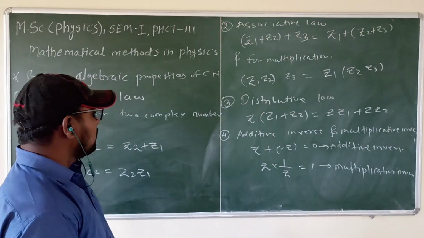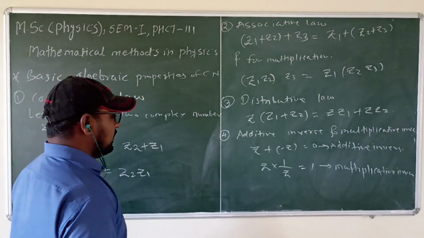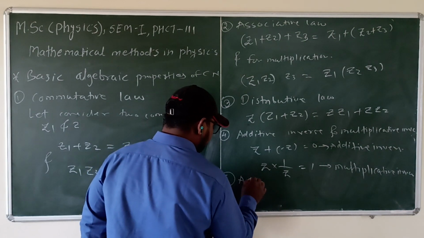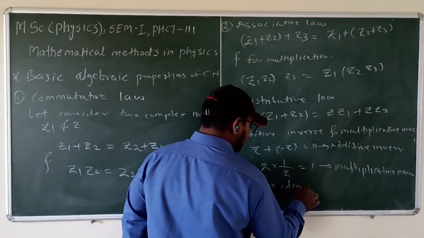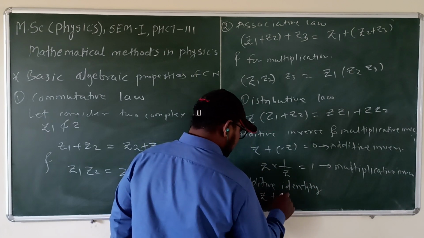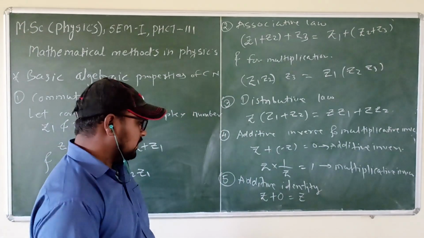Right? There is also multiplicative identity and additive identity. So fifth one is additive identity. For this case, we use 0. Z plus 0 is equal to Z. There is no change in your original Z. Okay?